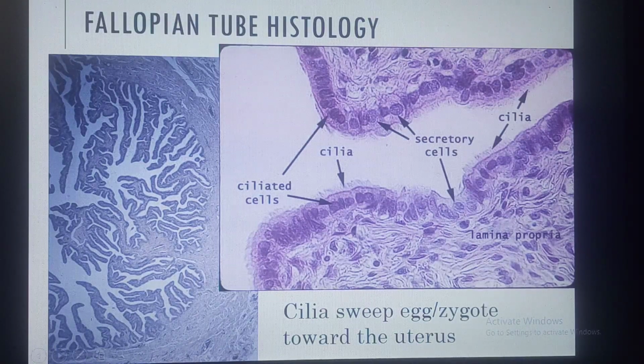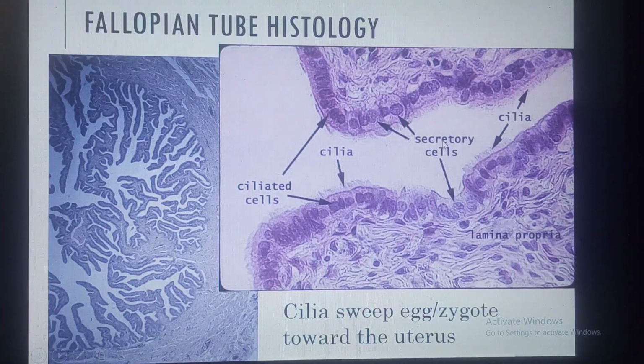Therefore, as you get to the ampulla, more secretory units will be coming. So cilia decreases from the infundibular to the ampullary region, with the help of estrogen. So cilia development is influenced by estrogen.